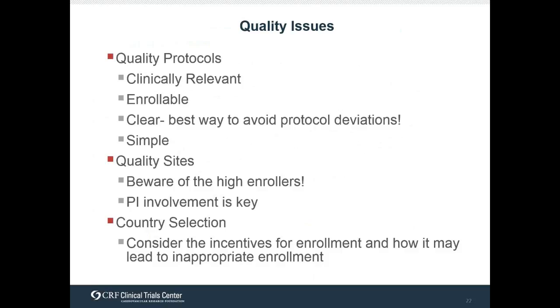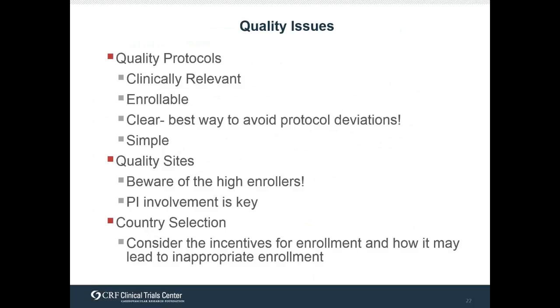Related to that is selection of countries, and one has to be careful to understand the landscape for clinical trials in different geographies, and what are the incentives for enrollment and how it may lead to inappropriate enrollment.